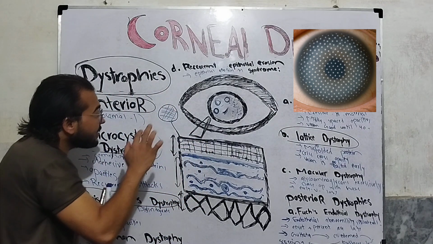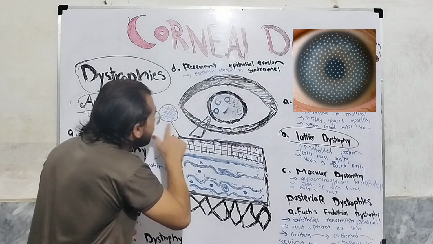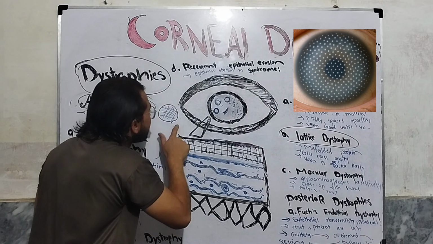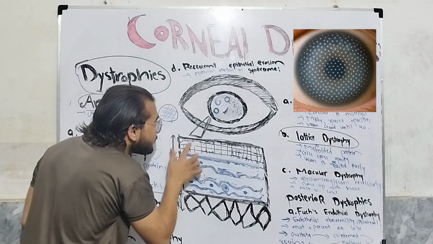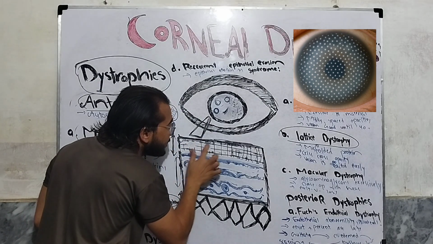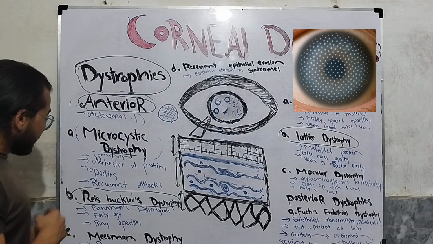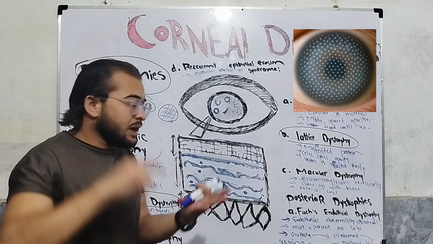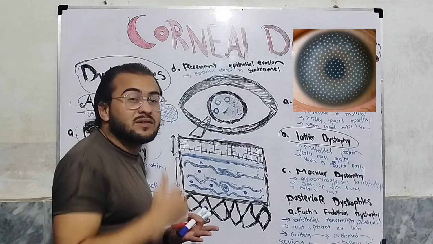There will be the formation of small cystic spaces in the epithelium. Remember, Meesmann dystrophy is a rare dystrophy, and even if it is present, it is mostly subclinical.